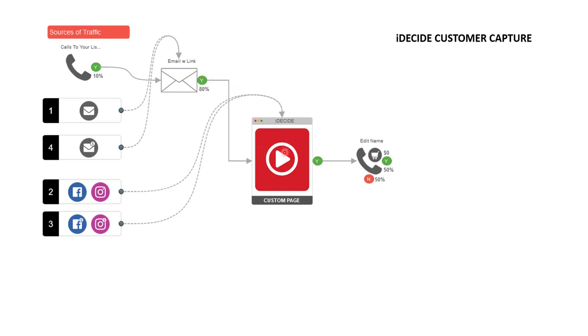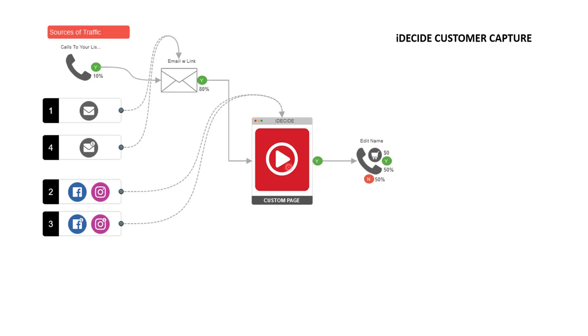That's easily done. Then you have social media, and you can give the iDecide link directly in a social media post or in social media advertising, just like we talked about before. Then you have the iDecide web presence, and iDecide is going to monitor a lot of things for you.